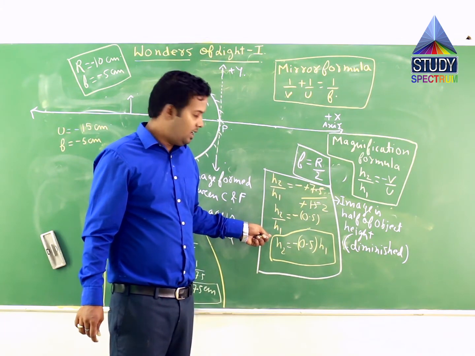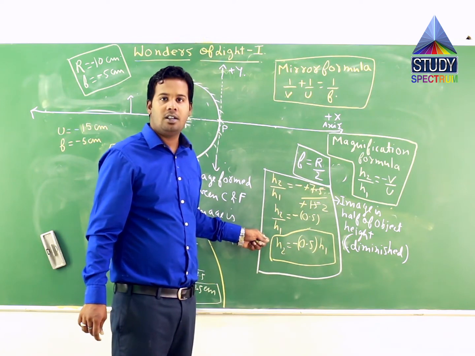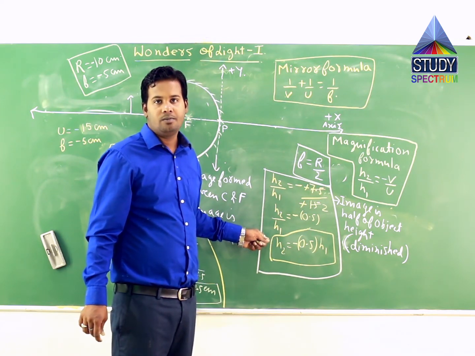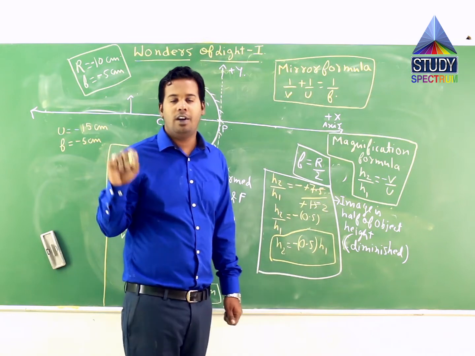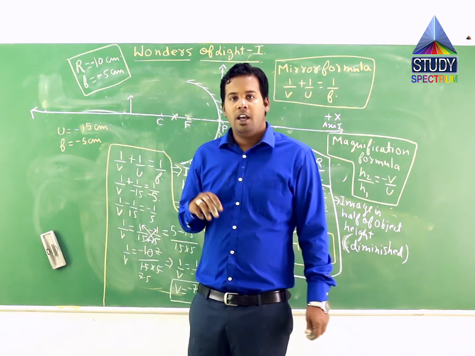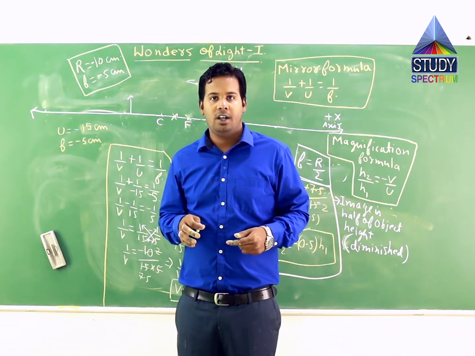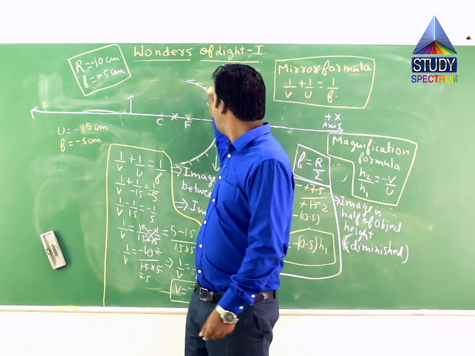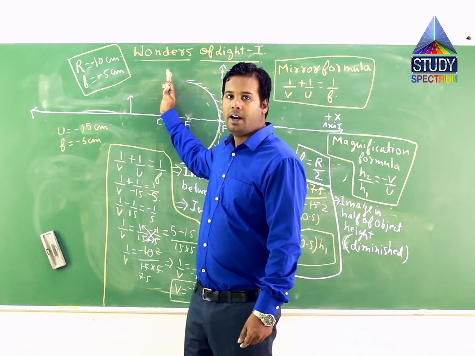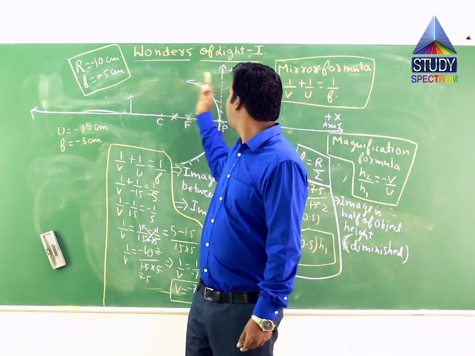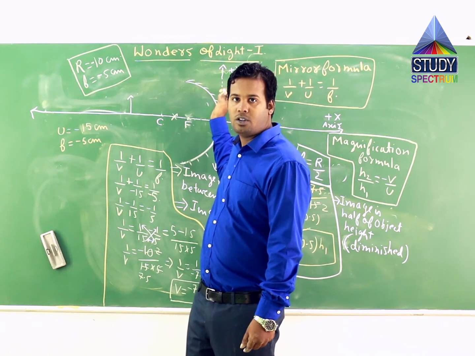Now what about the second result which we can calculate from the magnification formula? The second result is whether this image is erect or inverted. If you remember, when we were solving the very first case, I said if the value of height of image comes out to be positive, it is erect. Why? Because it will be standing like this and the height is measured from the positive y-axis, so it should be positive.